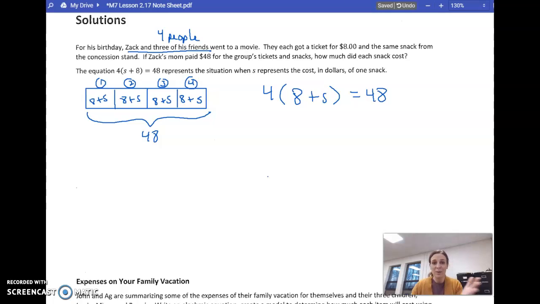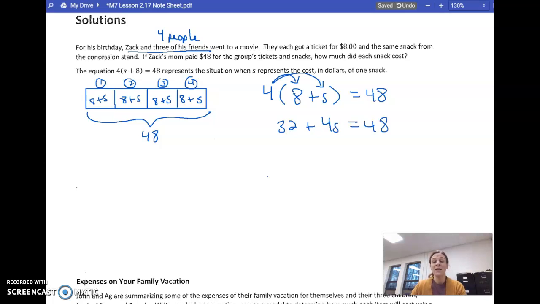We're just making the transition to algebra now. So now if we want to solve this, we're going to start with our distributive property. You guys know the distributive property. You take the number outside the parentheses and multiply by everything inside the parentheses. So 4 times 8 is 32 plus 4 times s is 4s equals 48.